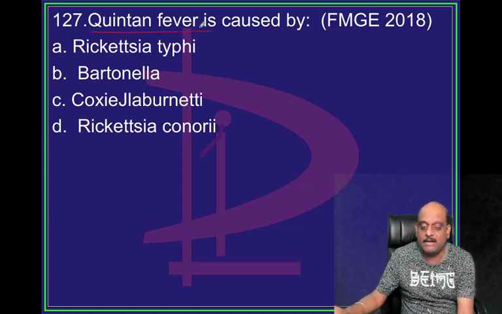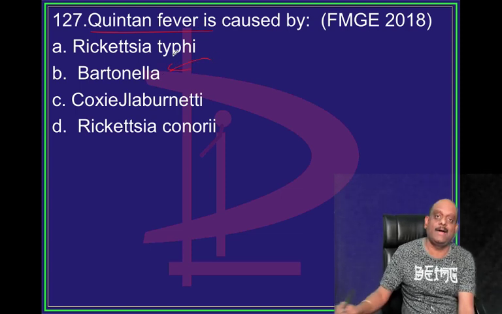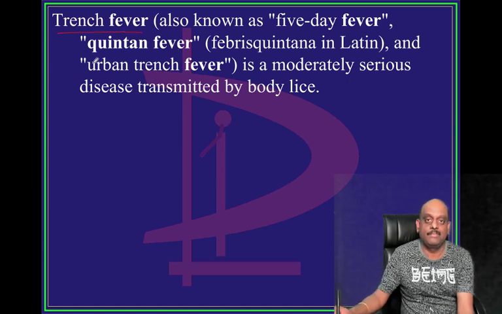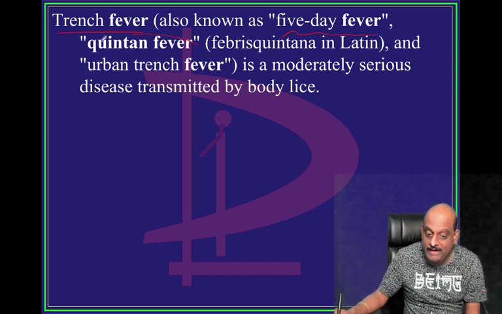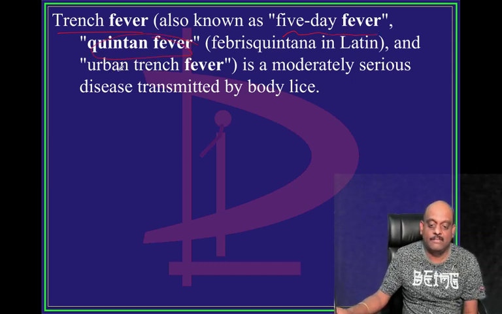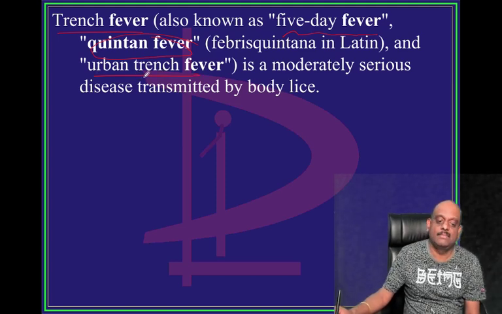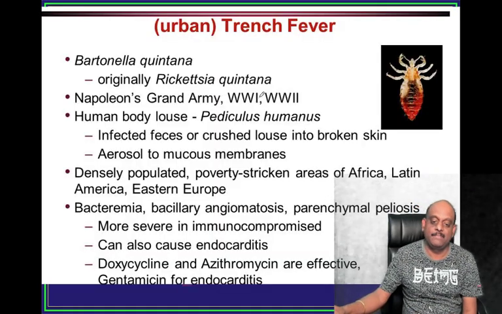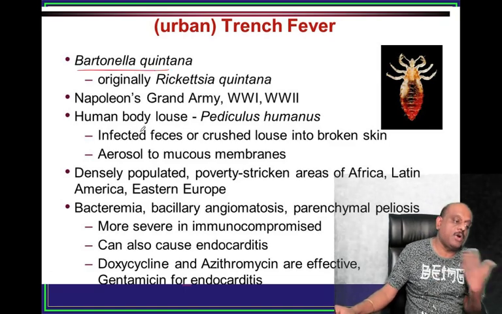Quintan fever is caused by Bartonella quintana. Trench fever, also called 5-day fever, Quintan fever, then urban trench fever. They are all the same names of this condition transmitted by body lice. Bartonella quintana, why is it called trench fever?